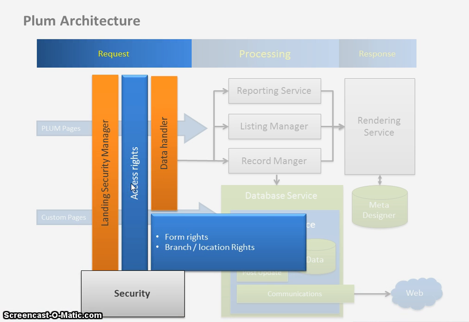The access rights ensure that you have the rights for the specific forms, and you must also have the data rights pertaining to the specific branch to access the data.